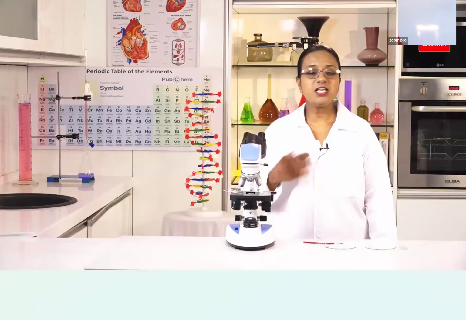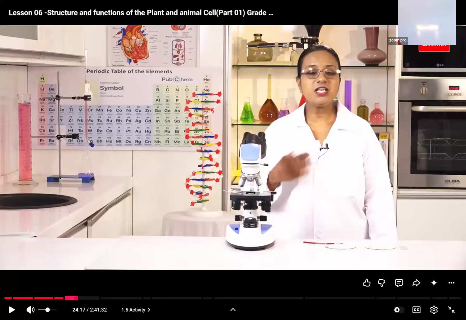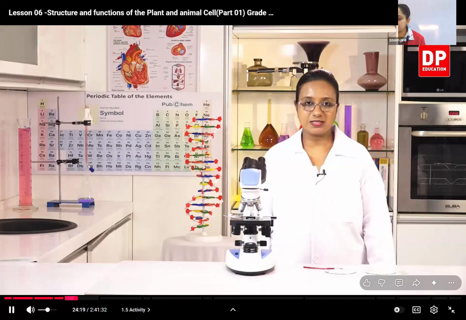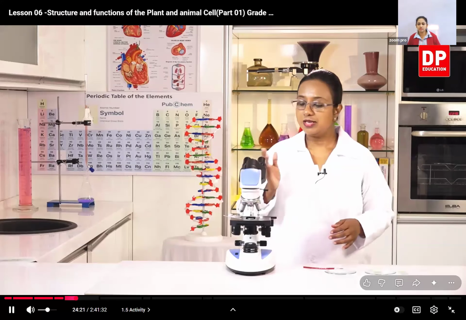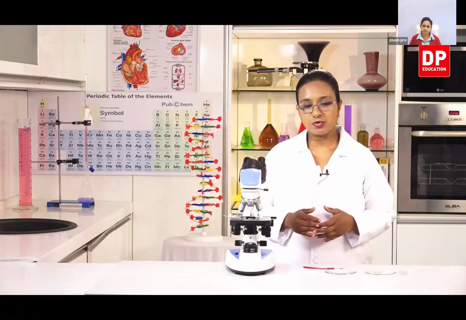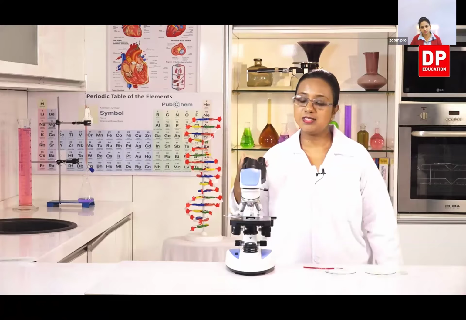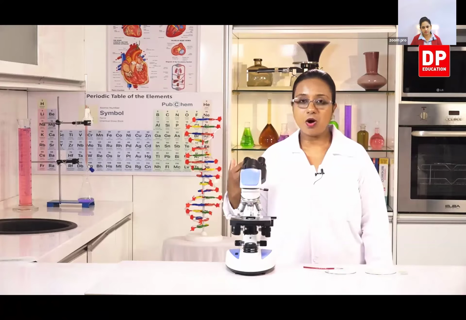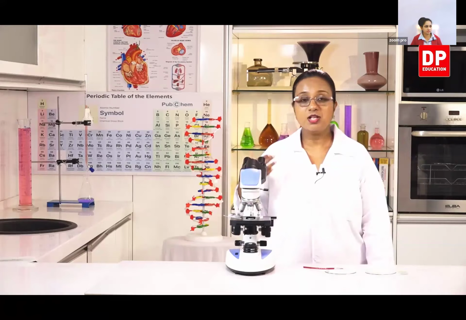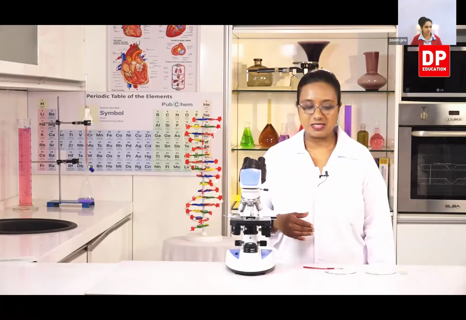I hope that you can see this. I will observe cheek cells of a person. For this, we will need a light microscope. As you know, this is a compound light microscope because it has two lenses, the objective and the eyepiece. Through that, you can clearly observe the cells of a specimen.